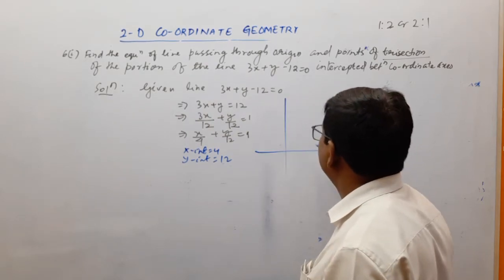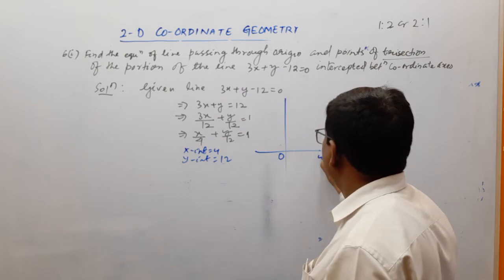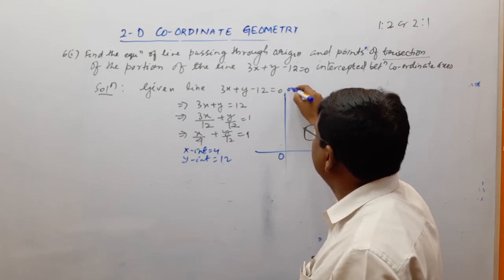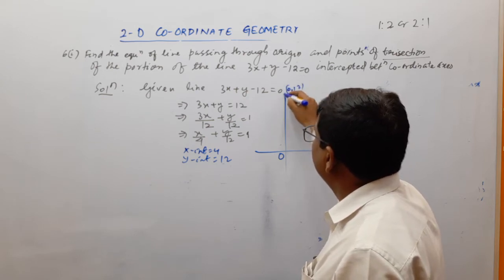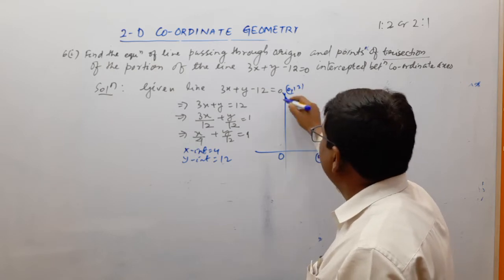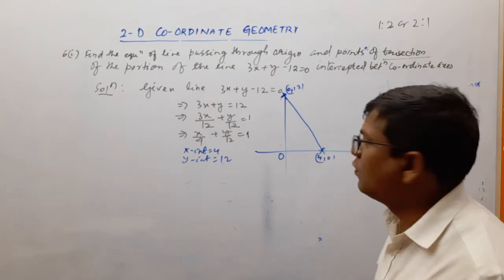Suppose this is the origin, and this is (4, 0), x intercept 4, and this is (0, 12), the y intercept. This portion is intercepted between the coordinate axes.